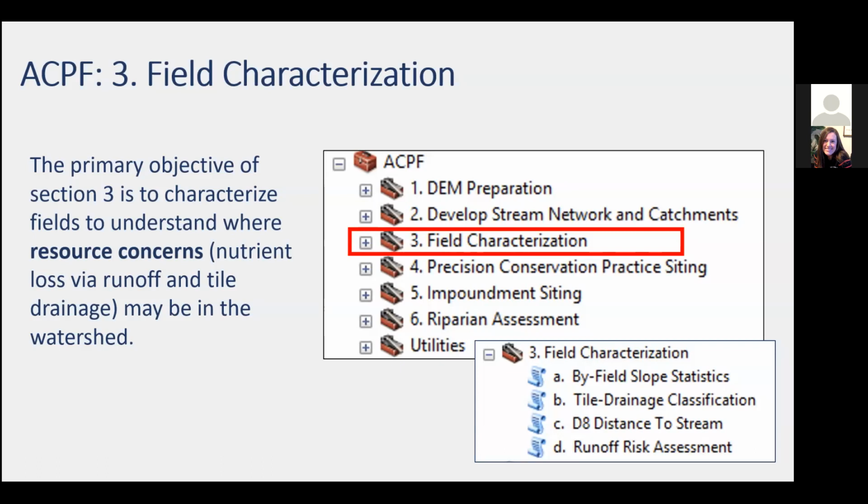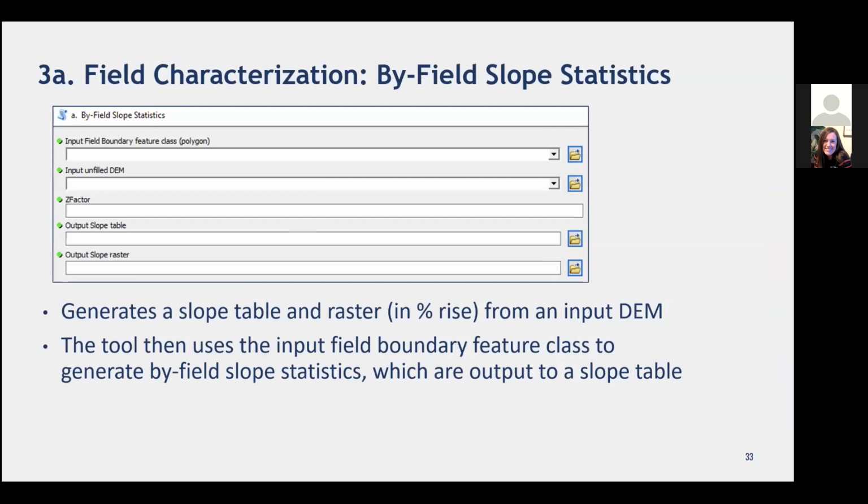So, the primary objective of section 3 is to understand where resource concerns, such as nutrient loss via runoff and tile drainage, may be in the watershed. The first tool in this data set is by field slope statistics.